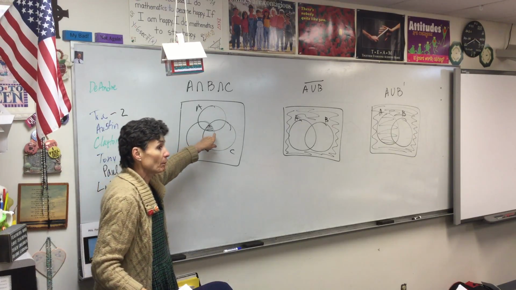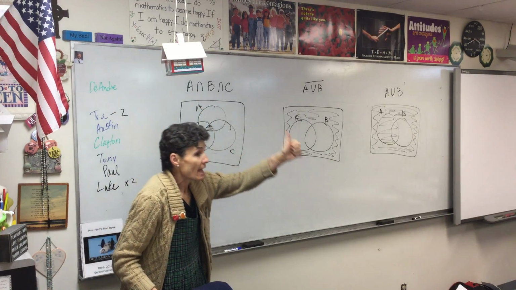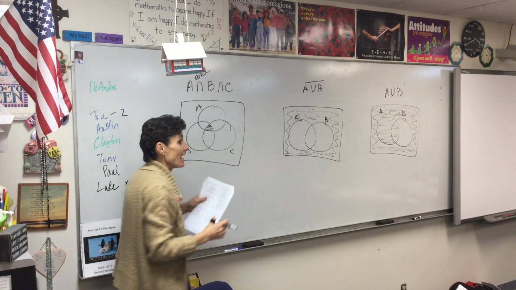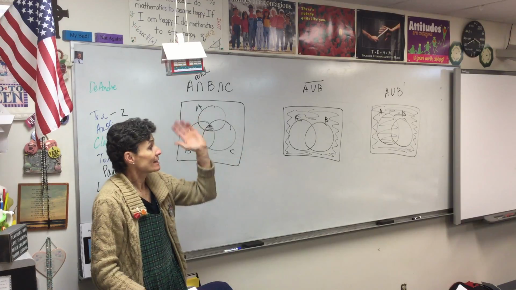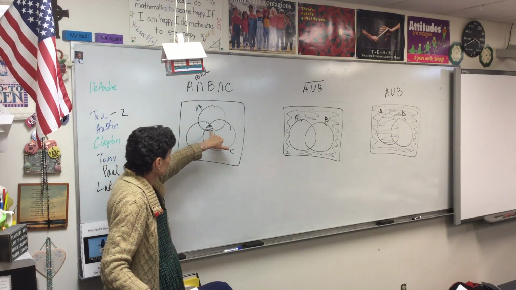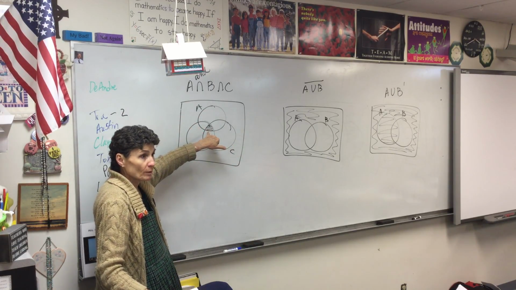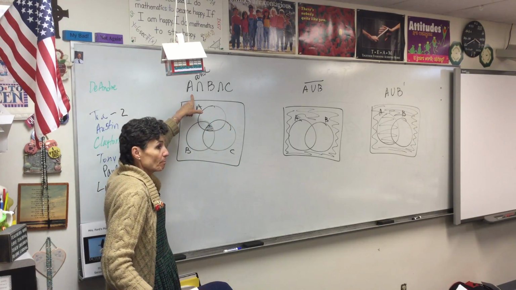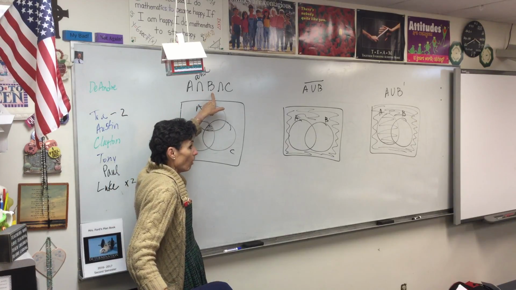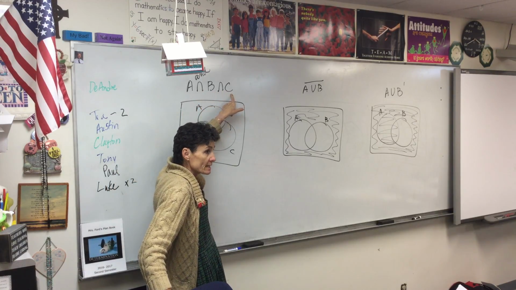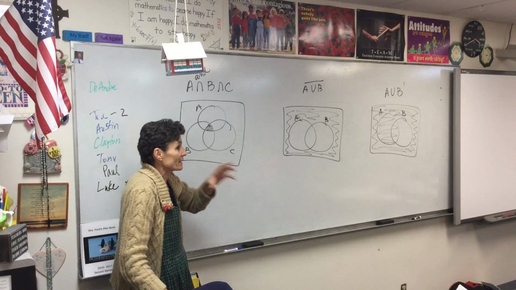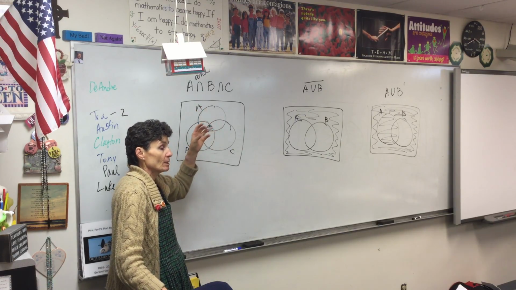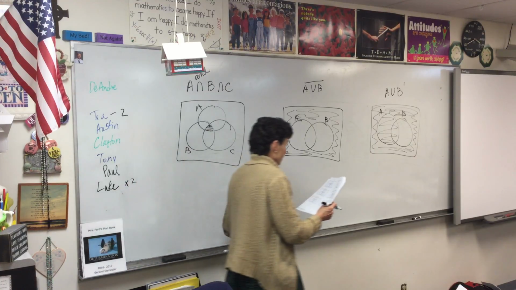That's the only place where you're in A and, think of this as an and, you're in A and B and C. Those are the only people right there that are in all 3. That upside down U says, if I colored this ball pink and this ball purple and this ball green, what would be purple, pink, and green? That little space right there, right? That means overlap. Where does it all happen?